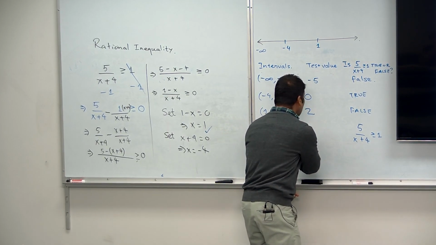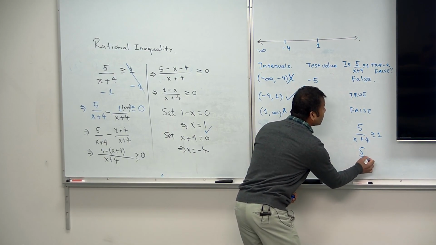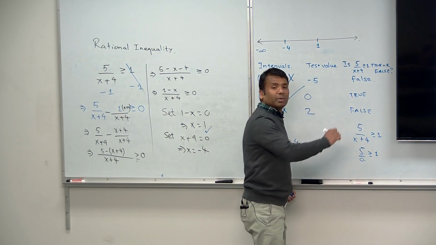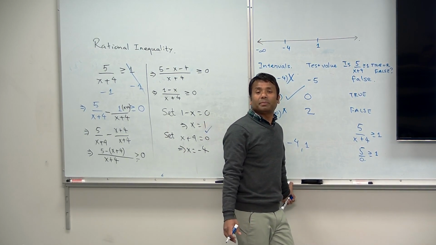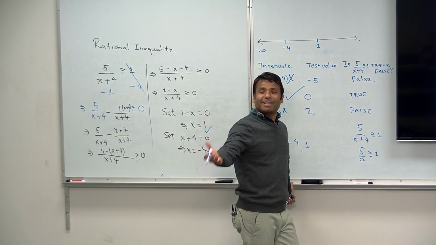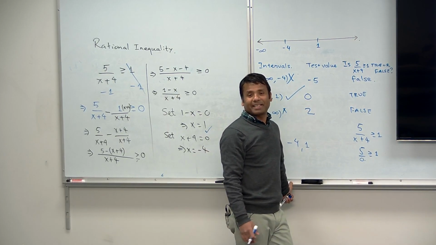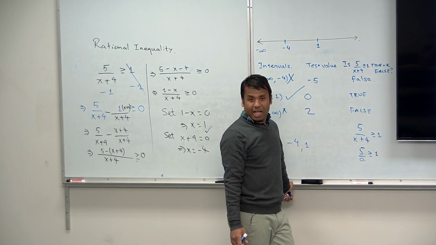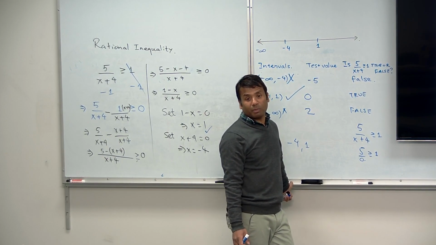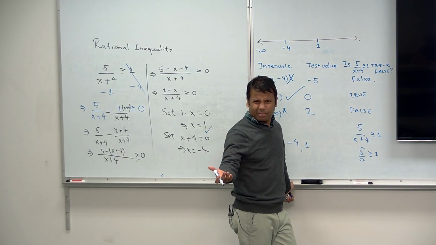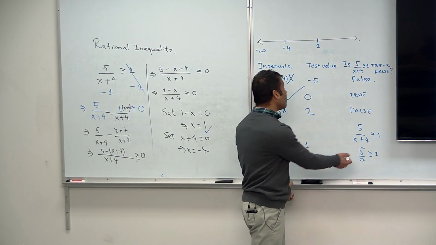So if I include this, it will be 5 over 0 is greater or equal to 1. What is 5 over 0? What is something over 0? This is undefined. Division by 0 is not allowed. Does that make sense? So now this is undefined.